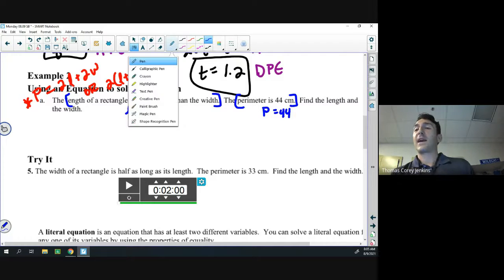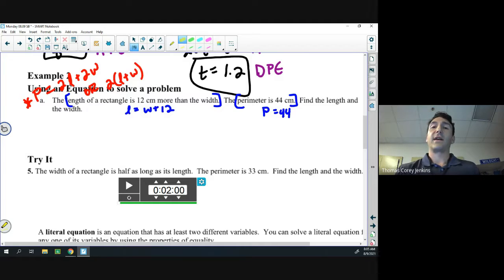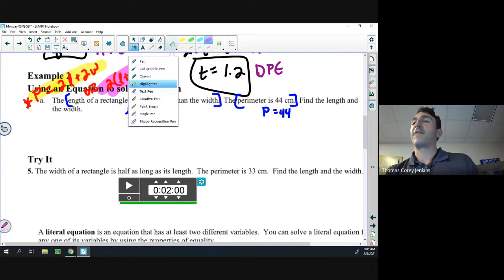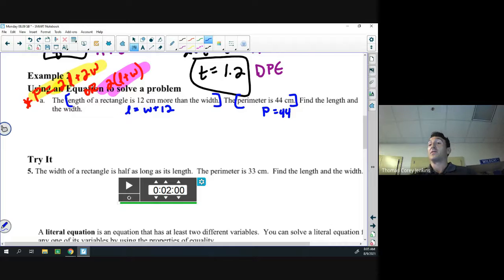Okay, and then we can either use this as our outline to set up our equation, or P equals this. It doesn't really matter, whatever you want to do there, okay? I think we're more used to seeing the first one, so I'll use that one, but you could use the other. So when I substitute in, instead of P equals, my equation is going to say 44 equals.